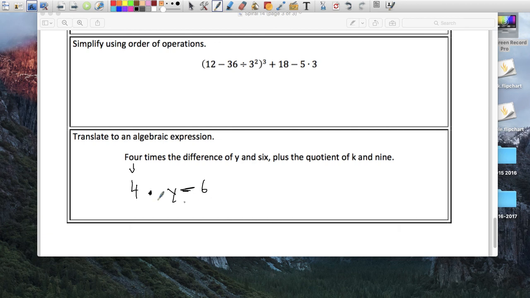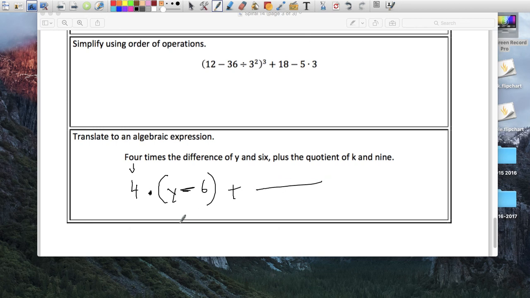I'm going to stop here for a second. If I leave it like this, it does not equal 4 times the difference of y and 6. This actually says 4 times y minus 6. To protect our subtraction so that it happens first, let's put parentheses. Okay, so 4 times the difference of y and 6. Yes, good.